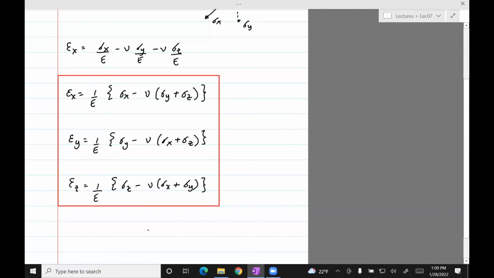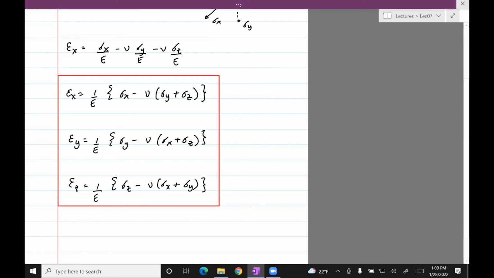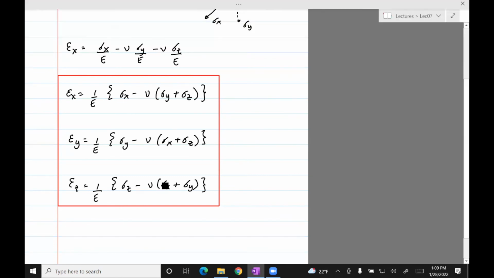Is there a reason you think lowercase delta? Oh, I'm really bad at writing this. Yeah, sigma x plus sigma y. Everything here is sigma. Sorry about that.